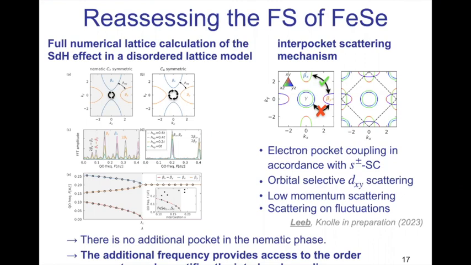And you can use that frequency, very interestingly, because this frequency builds up like an order parameter, and it provides direct access to the nematic order parameter. It also nicely quantifies the interband coupling we have between electron pockets, and therefore allows you to learn something about the possible scattering mechanisms in iron selenide.